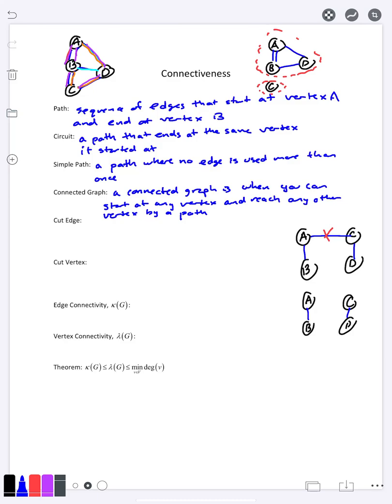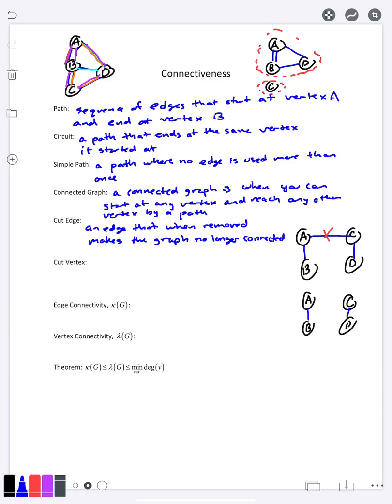It's no longer connected. So a cut edge is an edge that when removed makes the graph no longer connected. So that right there is what a cut edge is.